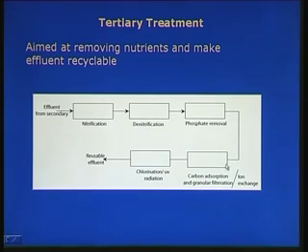After that, I will pass the water to carbon adsorption columns or granular filtration. The purpose of doing so is to remove any trace organics that are present, to make this effluent reusable and recyclable.